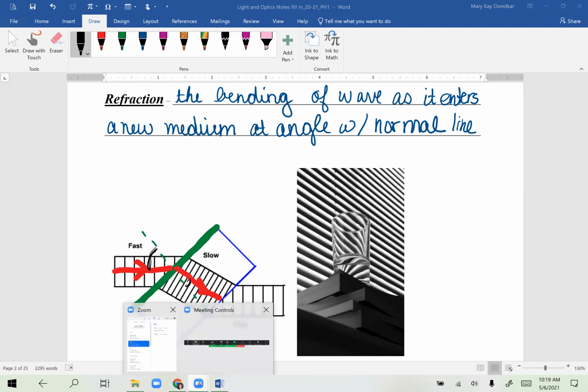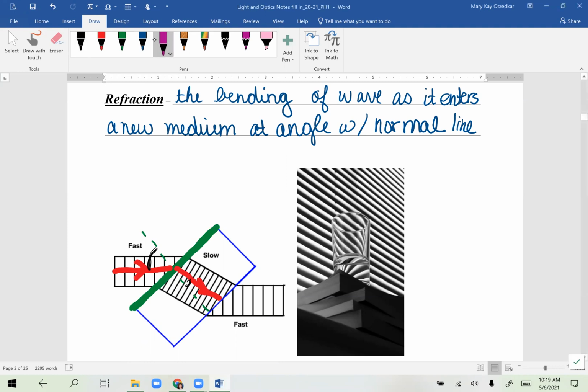People, I believe you're still there. Okay. Now, if you take a look at the glass of water with the lines, do you see how the lines are going straight? Behind the water glass, do you see how all of a sudden it looks like the blinds are going at a crazy angle now? Yeah.